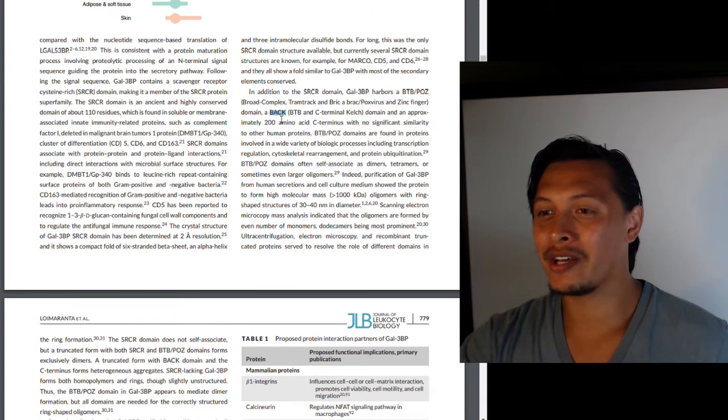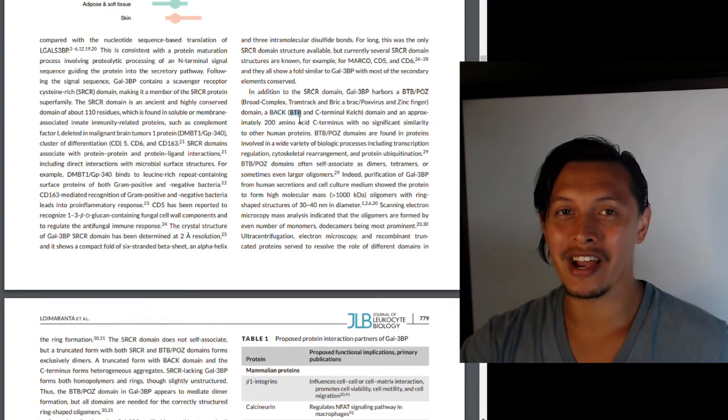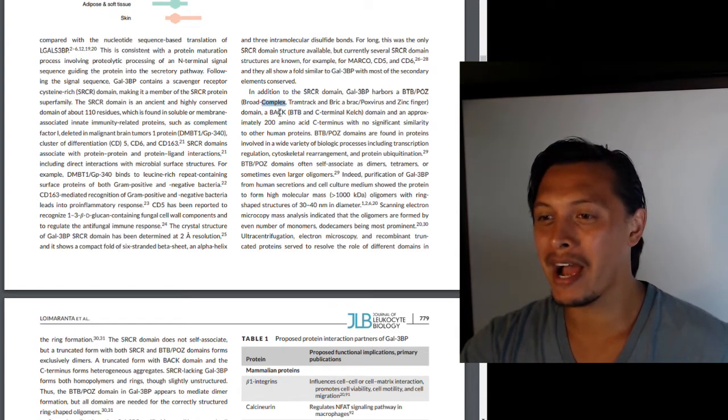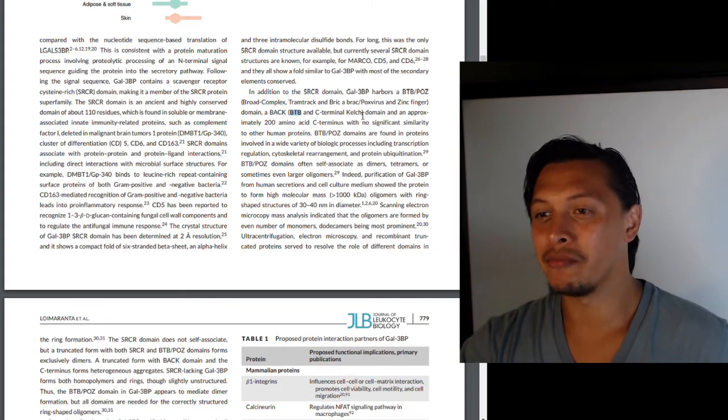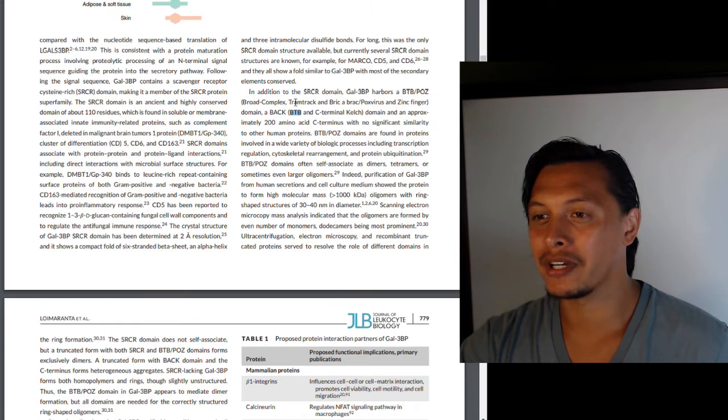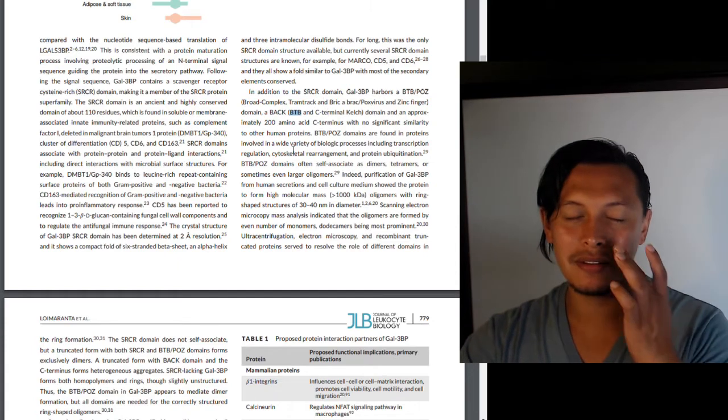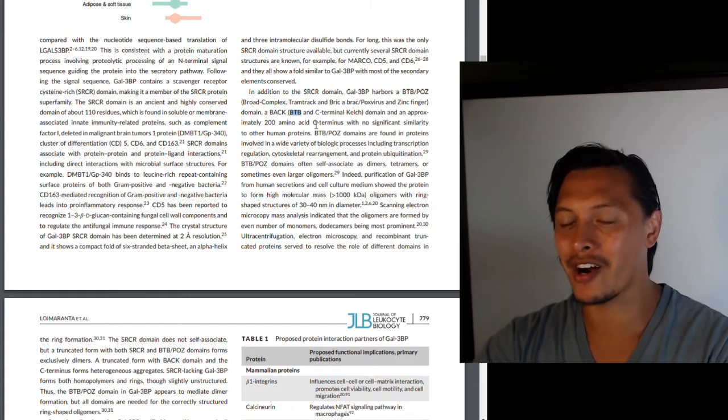This acronym has another acronym inside of it, right? This BACK has BTB and C-terminal Kelch domains. Well, that BTB is also this broad complex, tramtrack, and bric-a-brac. Yeah, we'll just leave it at that. We love our acronyms in biology.